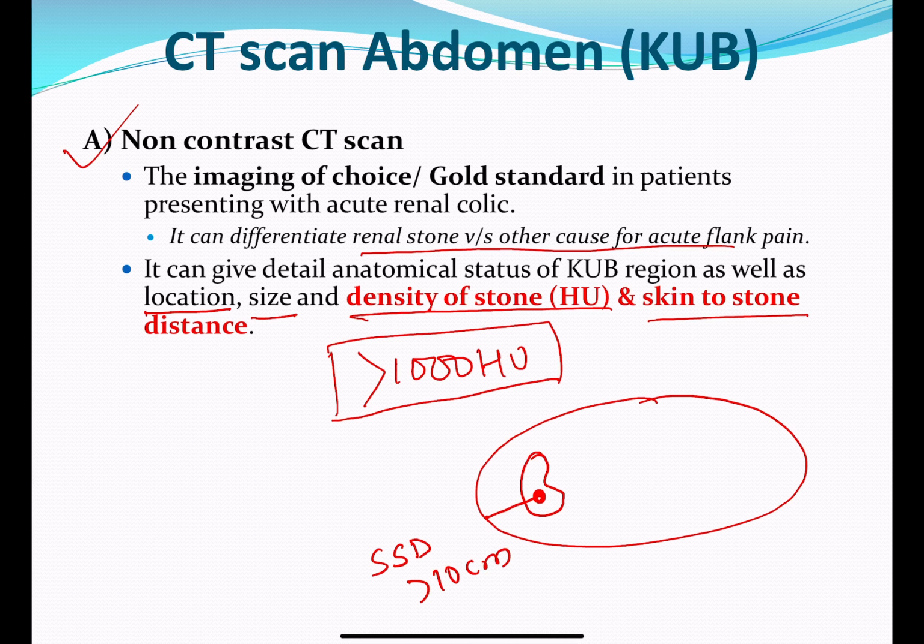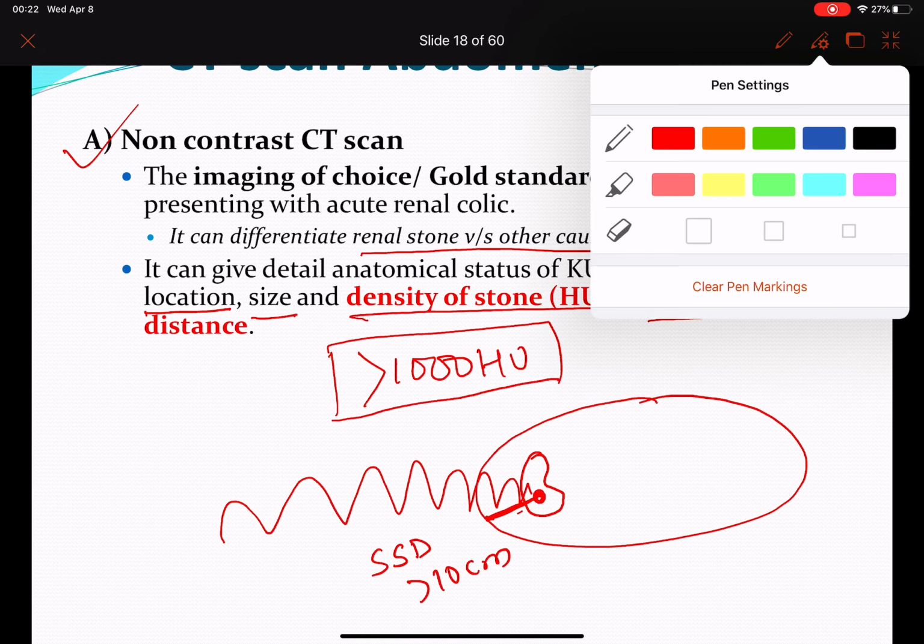And in this obesity, due to the increased distance due to the fat, the shock wave cannot be effective for the breakdown of the stone. So see, the management can be planned by seeing this extra information of a stone, like density and skin to stone distance. These are very important for choosing the different types of management modality for the stone.